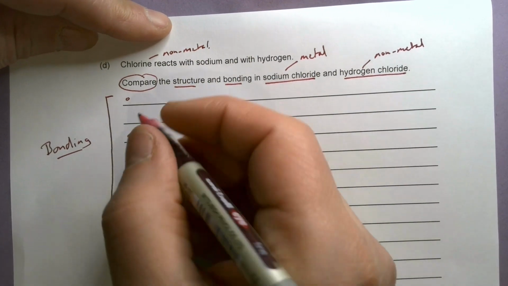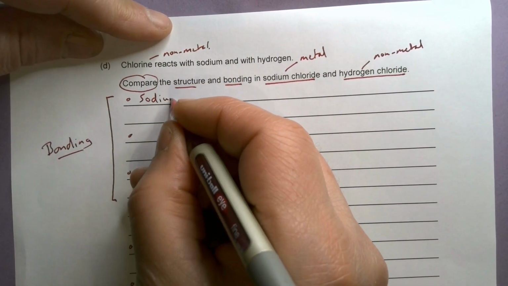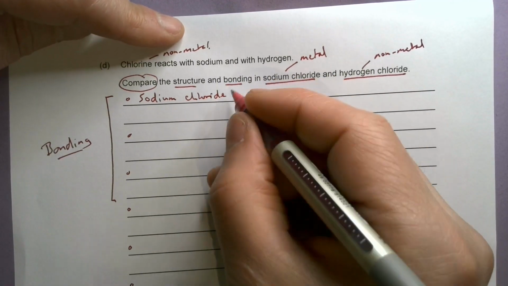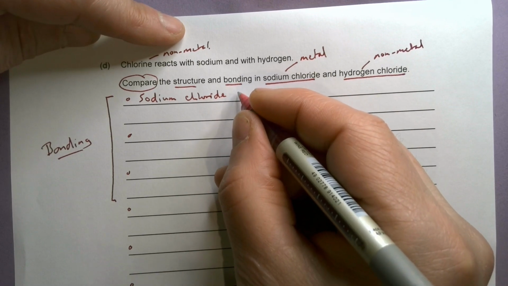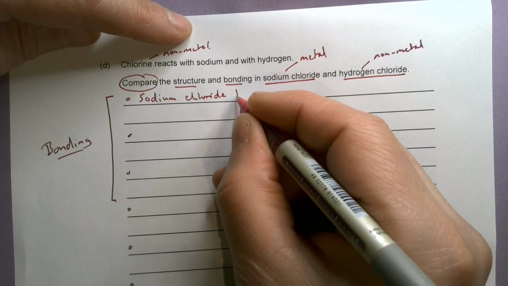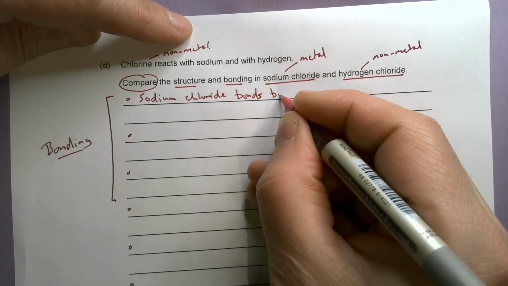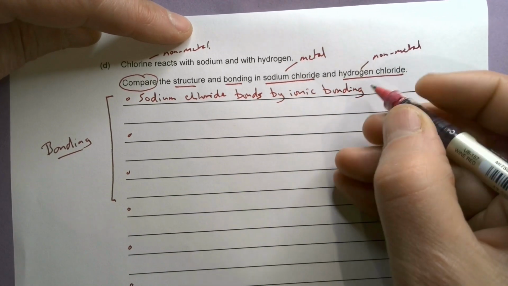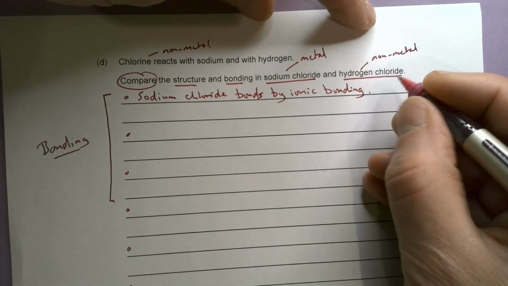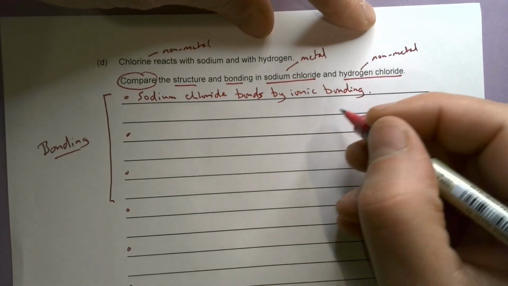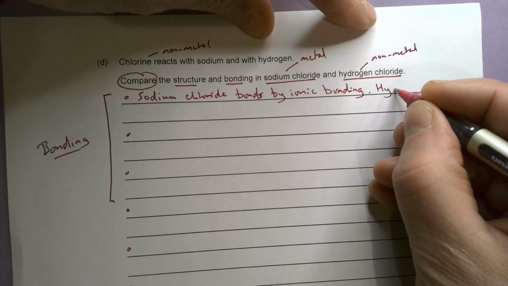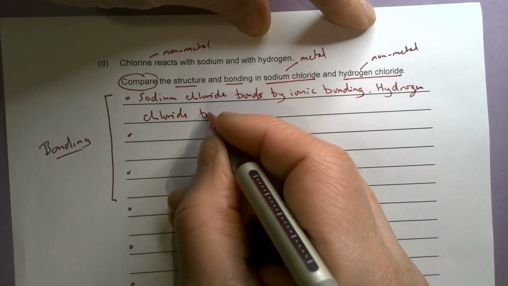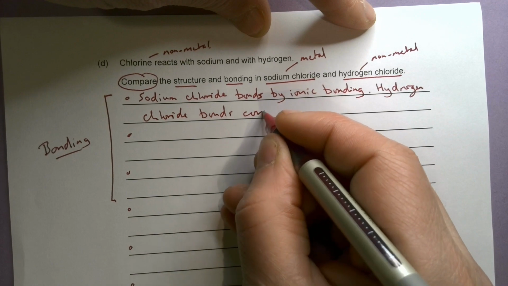So sodium chloride bonds by ionic bonding. Hydrogen chloride bonds covalently.